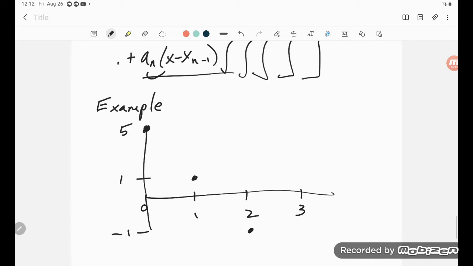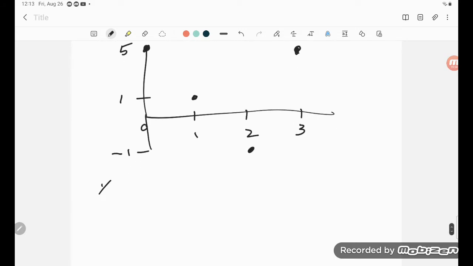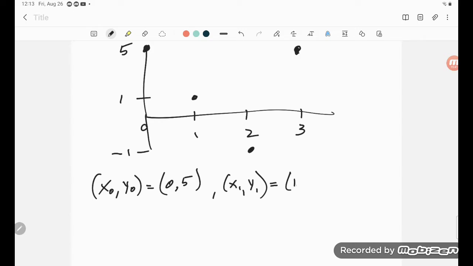Negative 1 will go there, and then back up at 5. Okay, so what we have is our x0, y0 is equal to 0, 5. Our x1, y1 is equal to 1, 1.